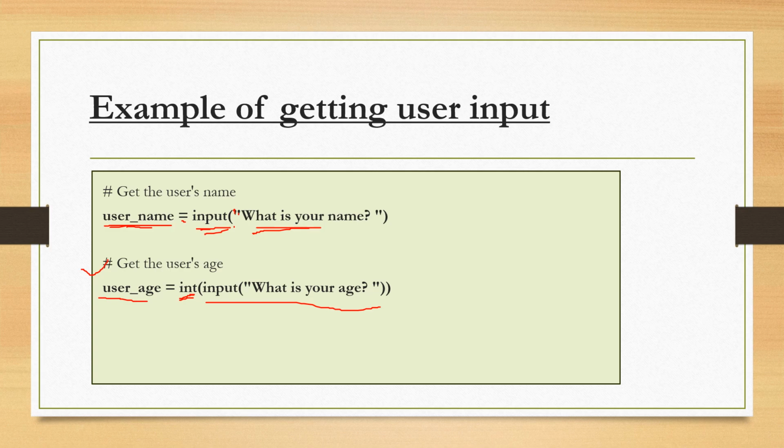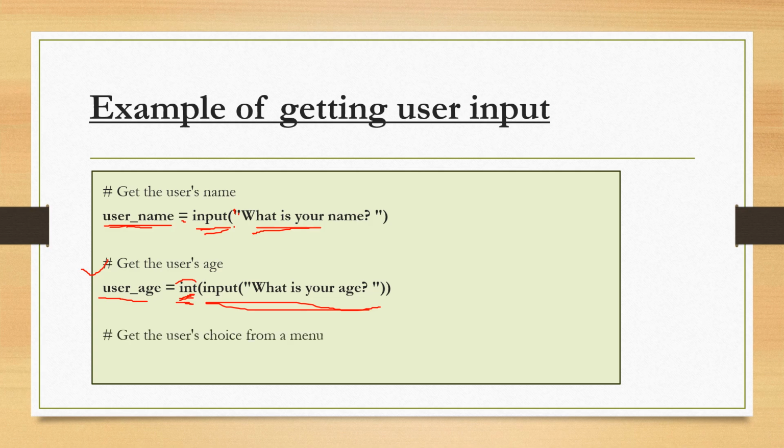So by using that we can tell the user that you should enter only integer type of data. So we have used this input, and for that we are using the int data type. So it will take only integer type of data. If a person enters any other type of data, then an error will be raised.